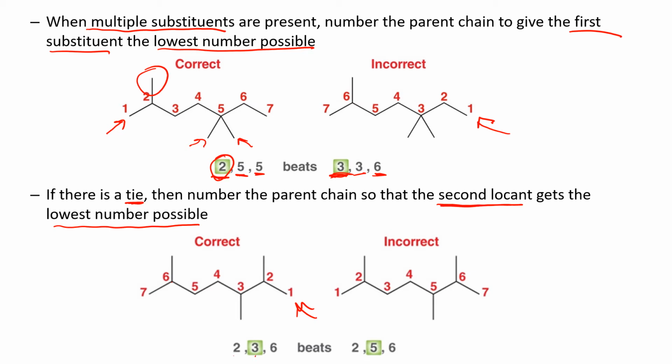So that's a 2, 3, 6. And if I started numbering from the left here, well, my first and last substituents are at a 2 and a 6. That's the same as my first system. However, my second substituent that I encounter, numbering 1, 2, 3, 4, 5, would get the 5 position. So a 3 beats a 5. So this is the correct numbering system, starting from the right there.